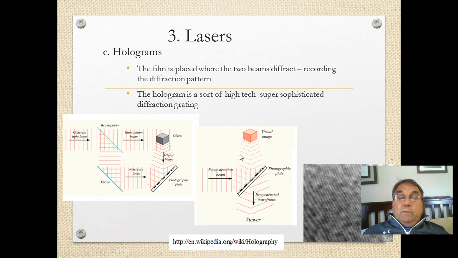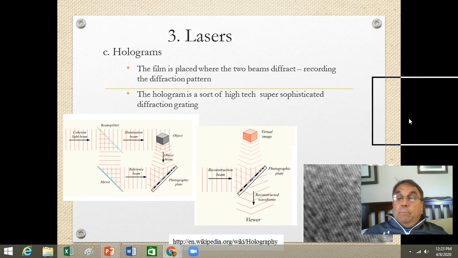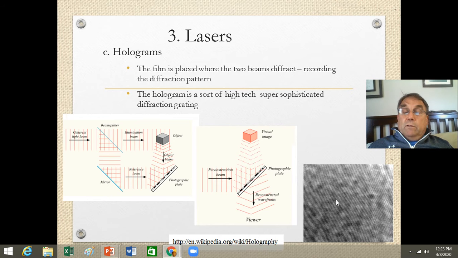Here is how you view a hologram. You need a reconstruction beam. Ideally, it would be the same laser beam that took the image to begin with. You get the clearest hologram if that's the case. This is what a close-up of a holographic plate looks like.